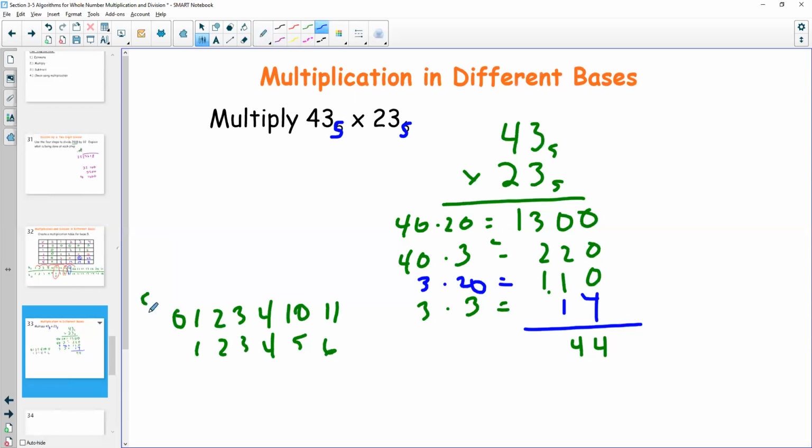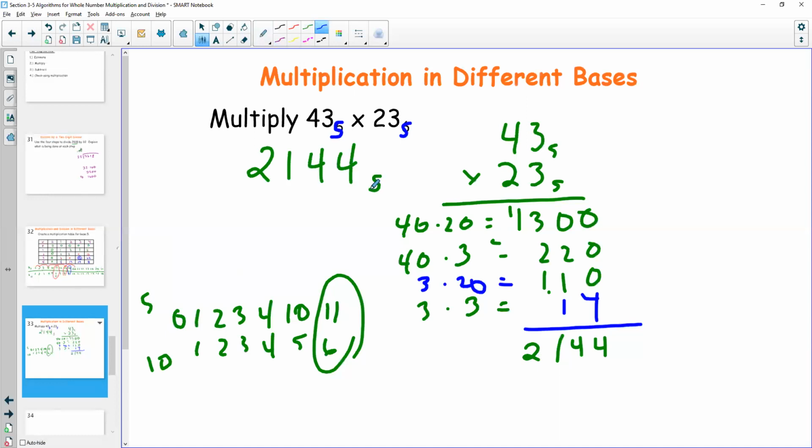In base 5, 6 is worth 11. Okay, so I'm going to put down a 1 and carry a 1, just like I would add. So my answer is 2,144 in base 5. If you need to see it again, go through it, okay? Try it. You can always re-watch these or rewind, okay?